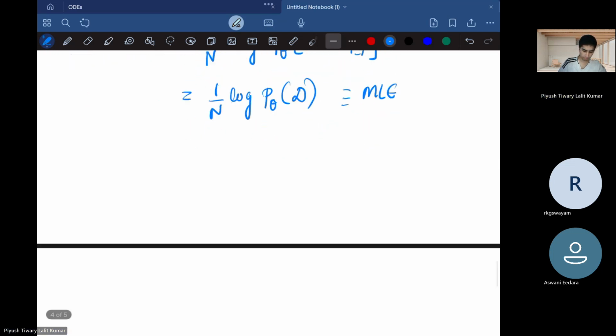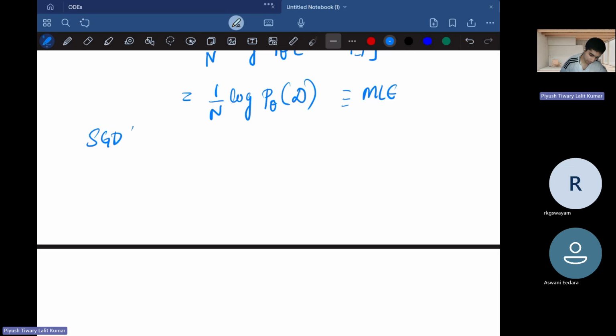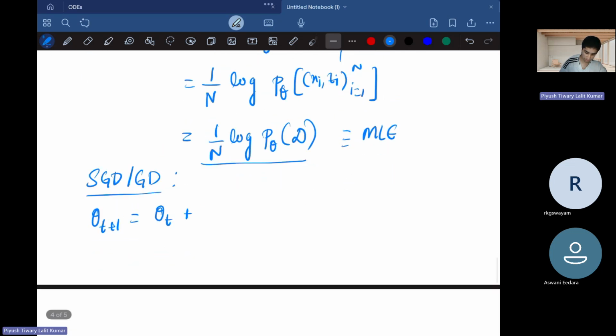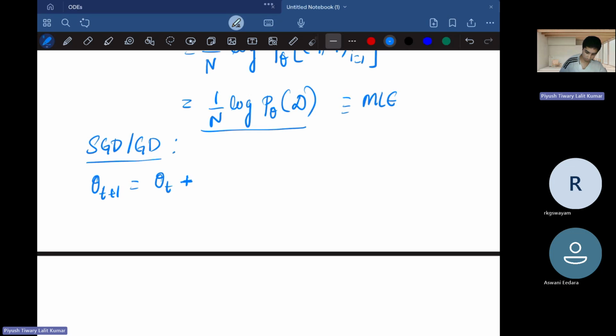Okay. And so what you are going to do is use some SGD, stochastic gradient descent, or gradient descent, whichever is preferred. You will do this iteratively. So theta t plus 1 is equal to theta t plus, because you are going to maximize this thing, that's why I'm using a plus sign here.